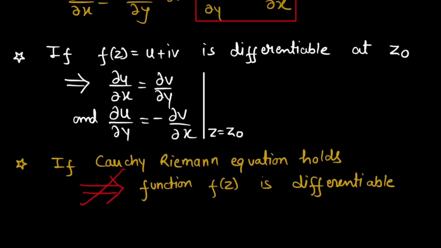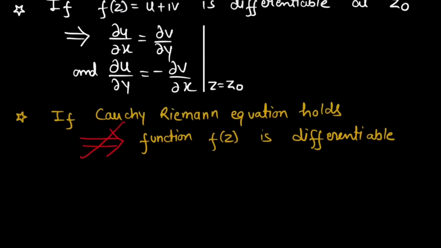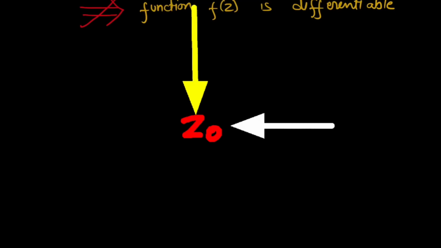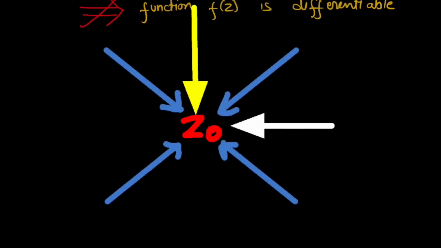Okay, now let me tell you why this condition is not sufficient. Because while deriving the Cauchy Riemann equation, what have we done? We have taken the limit in only two directions, horizontally and vertically. And what about other directions? So this Cauchy Riemann equation doesn't ensure the differentiability of the function.